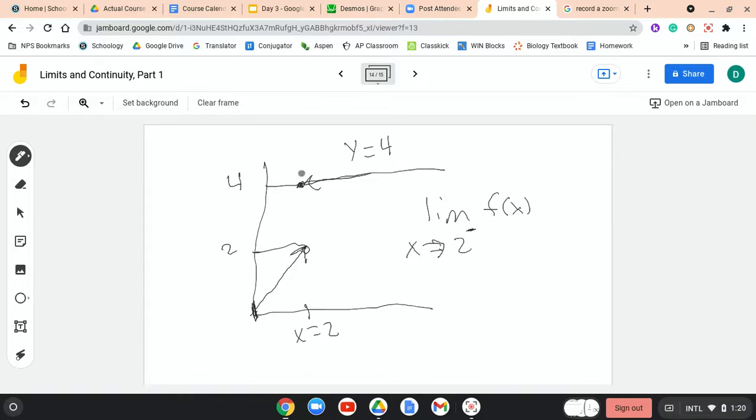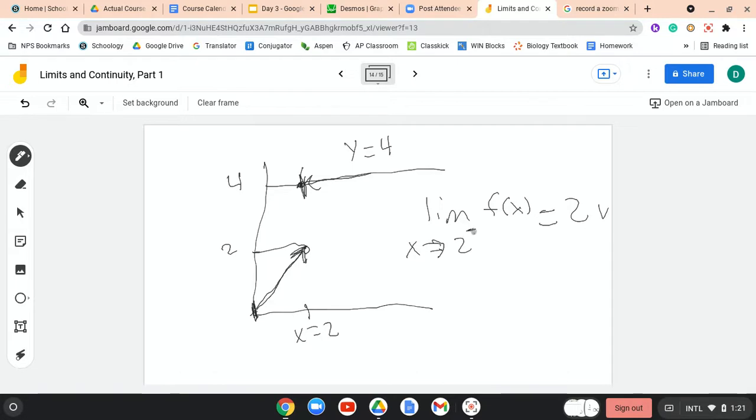So we're ignoring the right-hand side, and we're only concerned about what the function is approaching from the left. And we notice that the function is indeed approaching a definitive number from the left. It's approaching 2. So we could say that this limit is equal to 2, and we're all good.